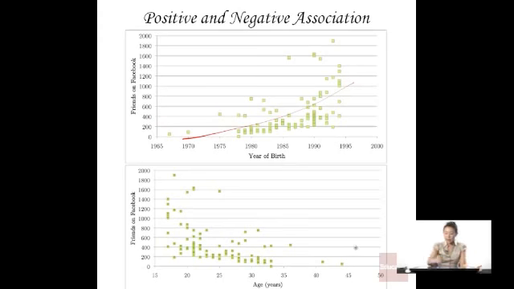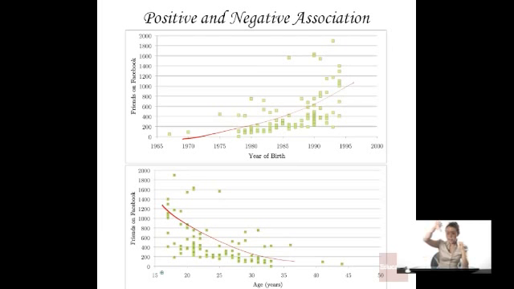On the other hand, if you look at this graph, we see the exact opposite trend, where as age goes up, the number of friends seems to come down. So they're moving in opposite directions. As one variable goes up, the other variable is coming down, and vice versa.